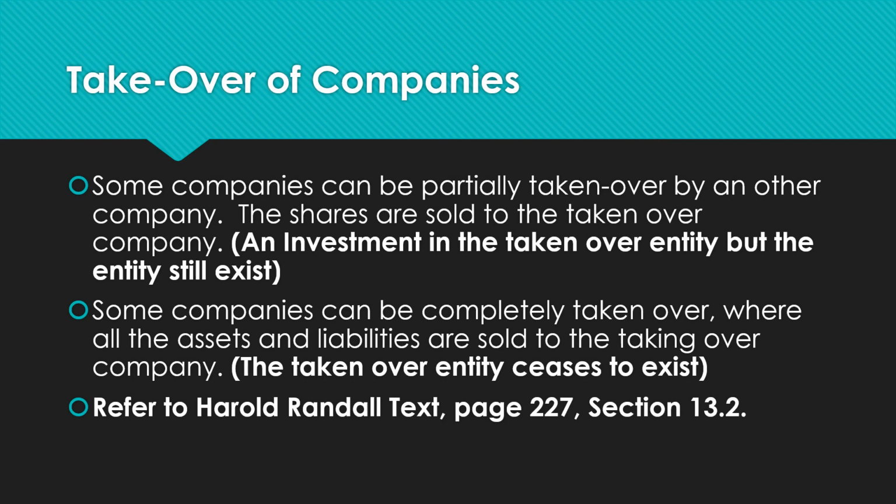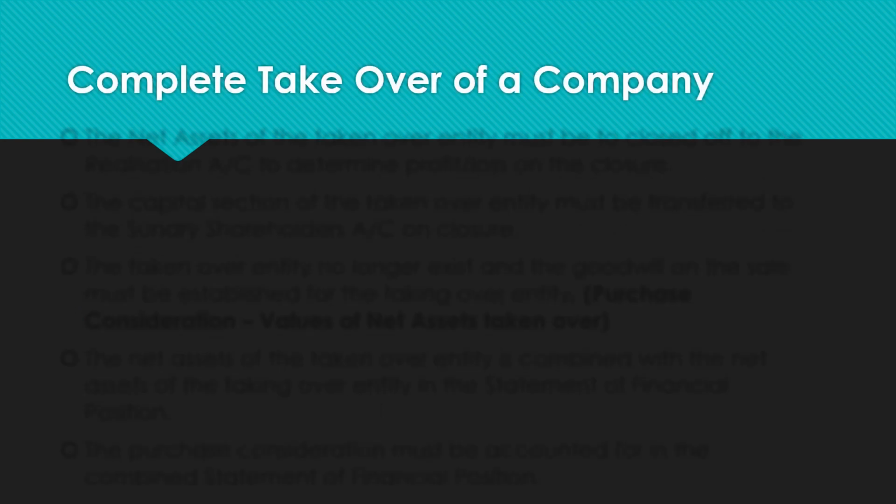Now, the company acquiring the shares will be known as the holding company, and the company whose shares have been acquired is a subsidiary company. So again, we go back to our A and C. A is partially taking over C, so A will be known as the holding company, and C is the subsidiary company of the holding company.